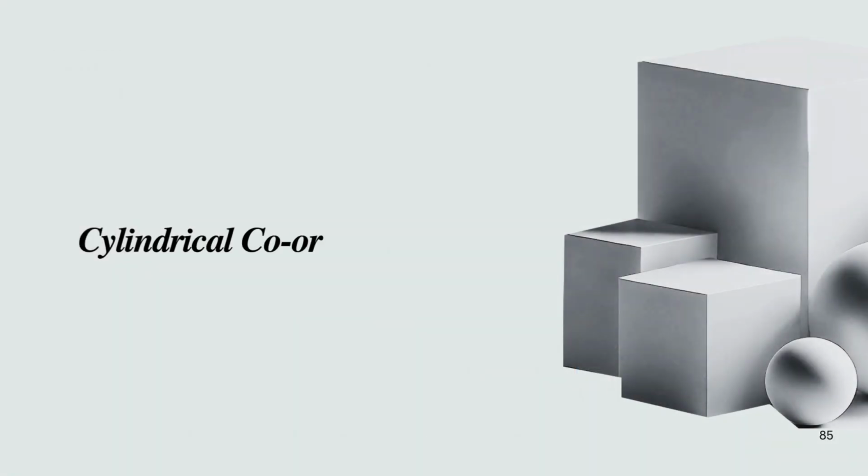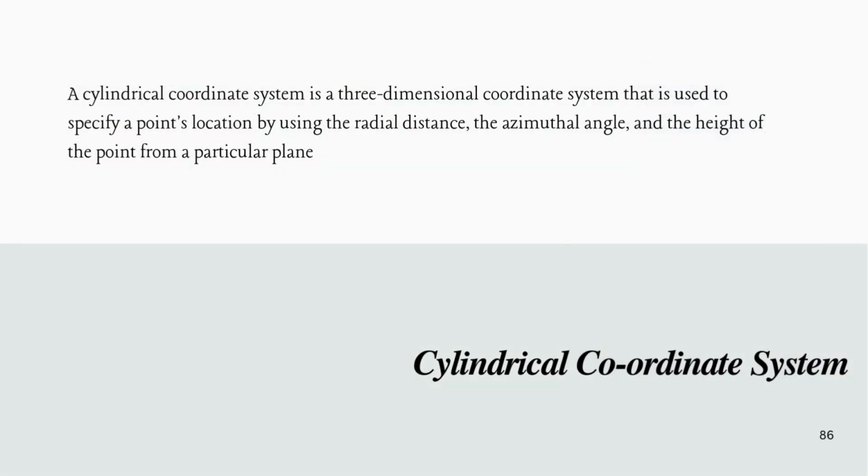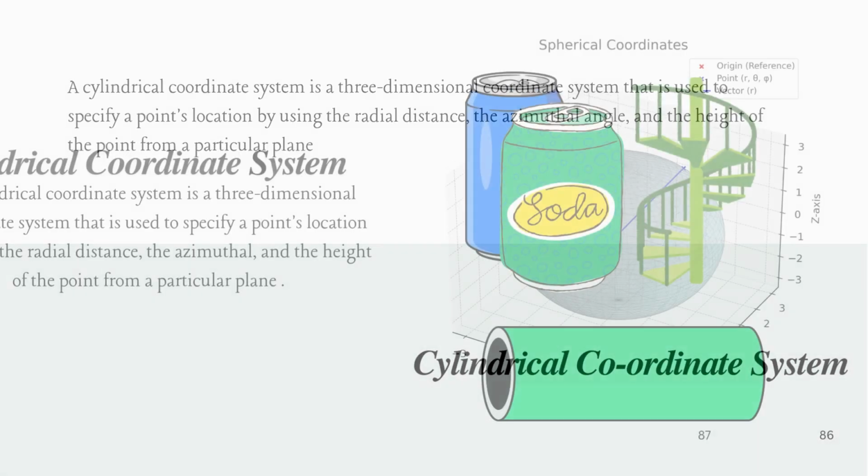Our next topic is the cylindrical coordinate system. The cylindrical coordinate system is a three-dimensional coordinate system that is used to specify a point's location by using the radial distance, azimuthal angle, and the height of the point from a particular plane.